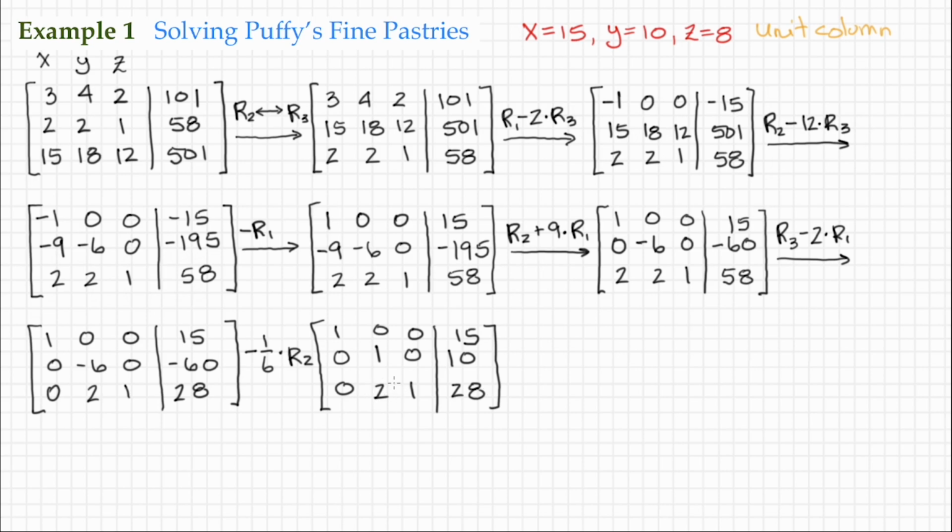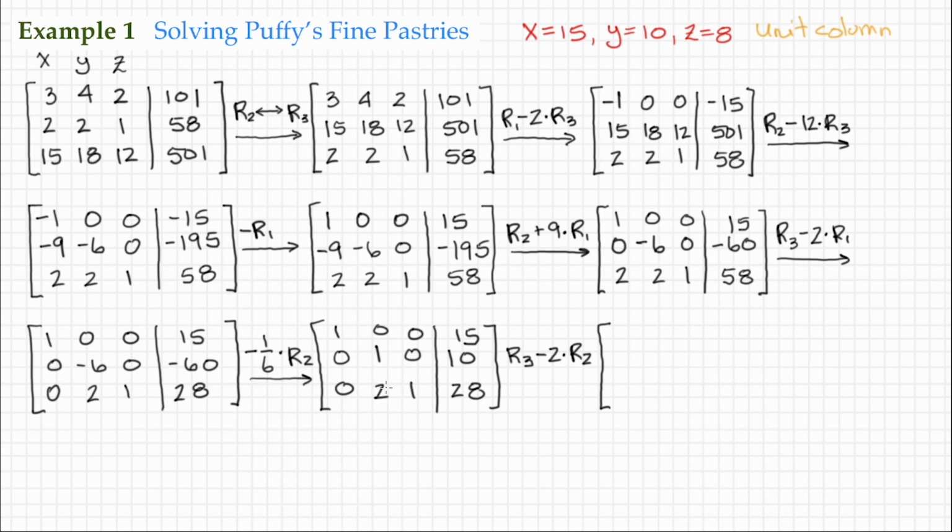Now all we have to do is change this one, and then I have my unit column here, and then I'll have my diagonal of 1s here. So we'll change this. Let me put in my transition here. Now we'll change this. So we'll take row 3, and we'll subtract out 2 times row 2. 2 times 1 is 2, and 2 minus 2 is 0.